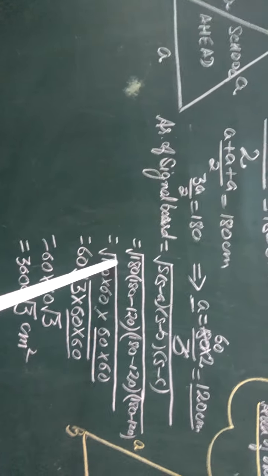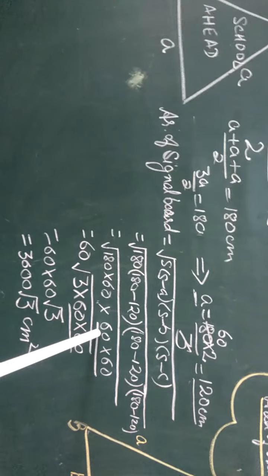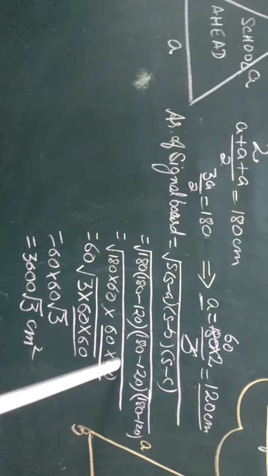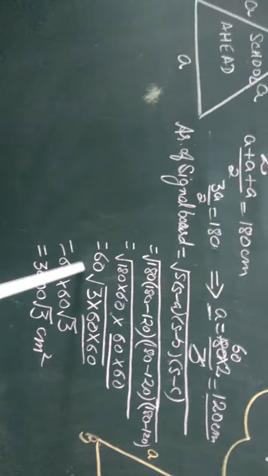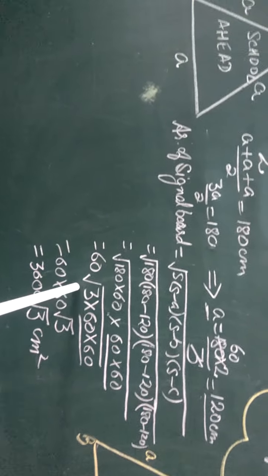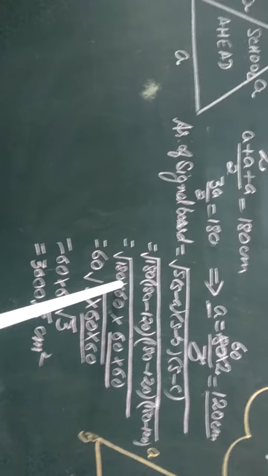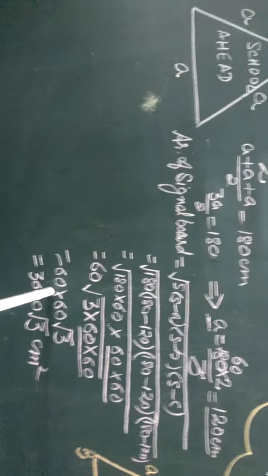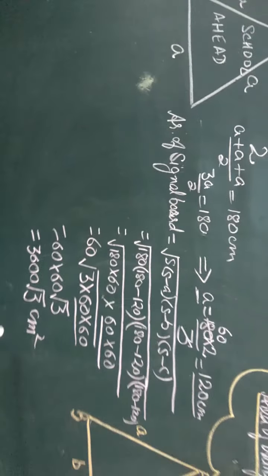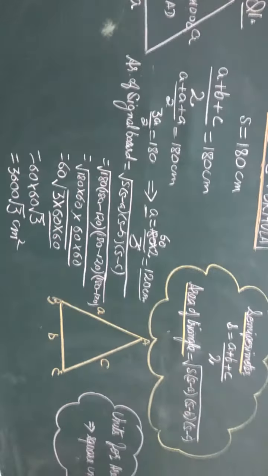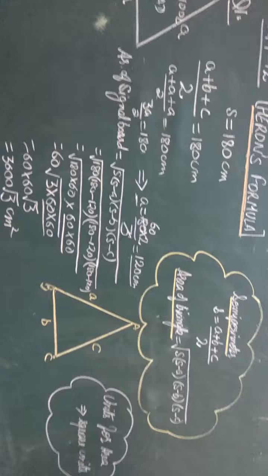And to solve the square root, we have to make pairs. One pair we already have, that is 60 into 60, so from this pair we take out 60. Then in the square root, we split 180 into 3 into 60, and 60 again makes a pair, so we take it out. Then 3600 root 3 centimeter square. So dear students, in this way you will be able to solve the complete question. This chapter is very easy, dear students. You will be able to solve it.